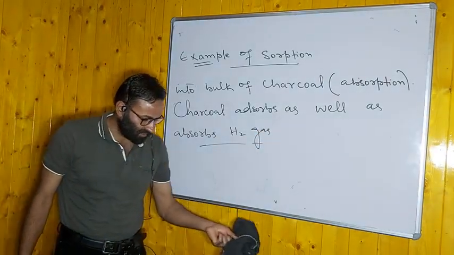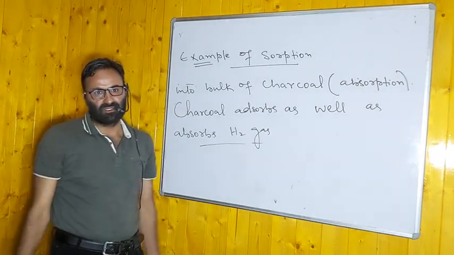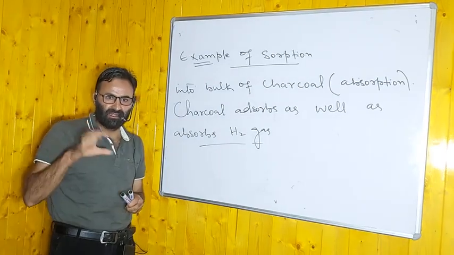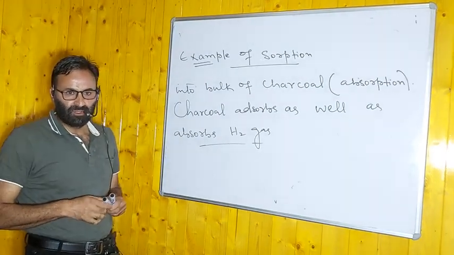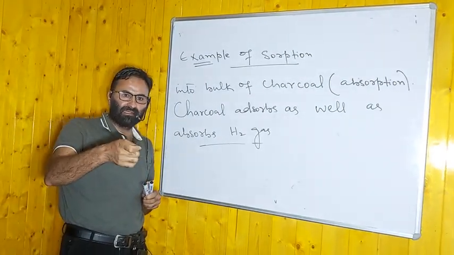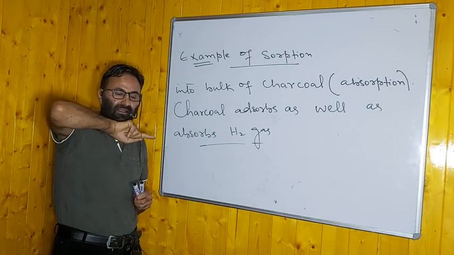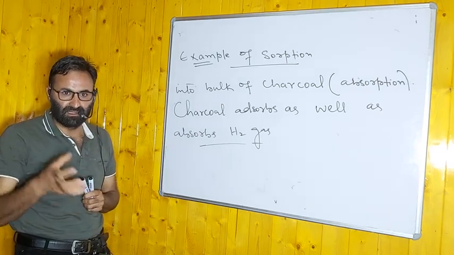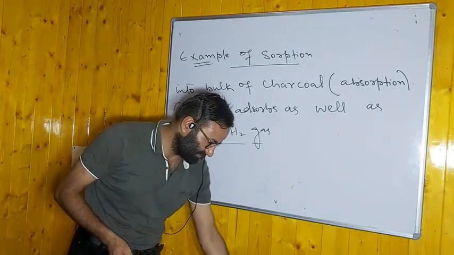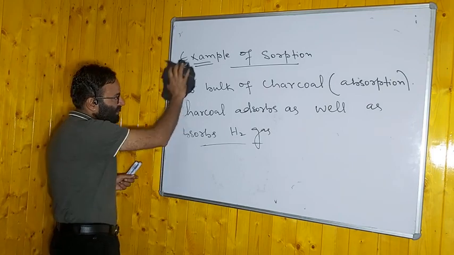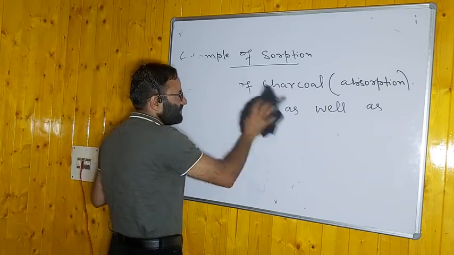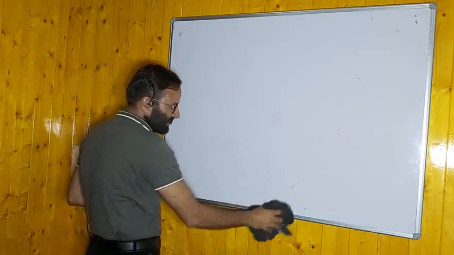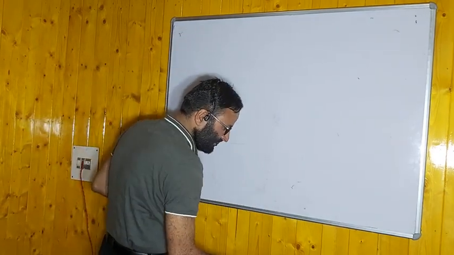Sorption means when both the processes take place, when adsorption is followed by absorption. You can mention dyeing: the dye particles first get adsorbed on the surface, then they enter into the bulk of the cloth, so dyeing is an example of sorption. You can also take the example of hydrogen gas and charcoal. Hydrogen gas first gets adsorbed on the charcoal, then it enters into the bulk. It means that the sorption process takes place.